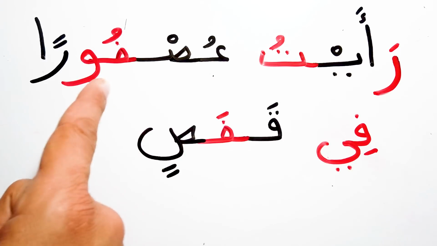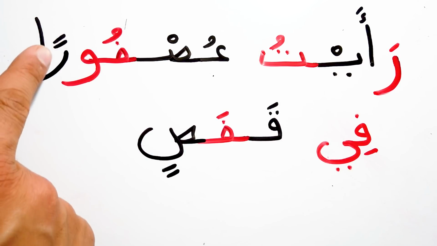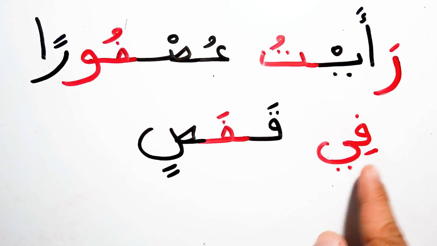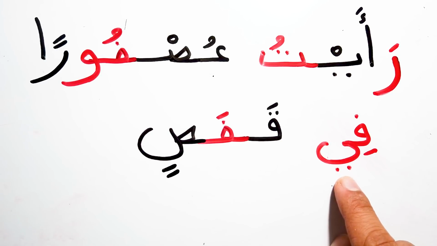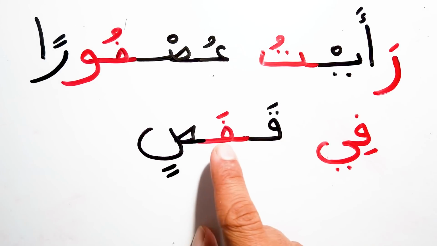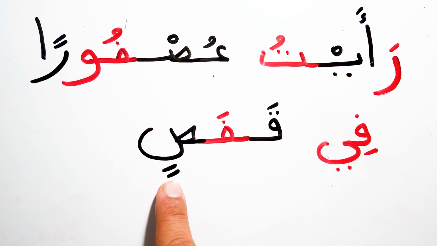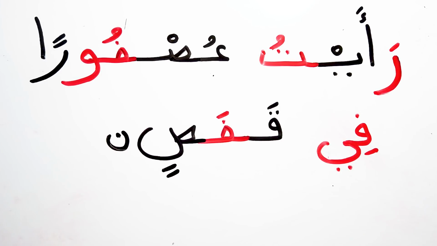Fu, and in the end we have run, which is tanween bil fatha. Fi is one word and one syllable because here this is a long vowel ya. Fi qafasin, tanween bil kasra. We must add the sound of noon to the end of the word.